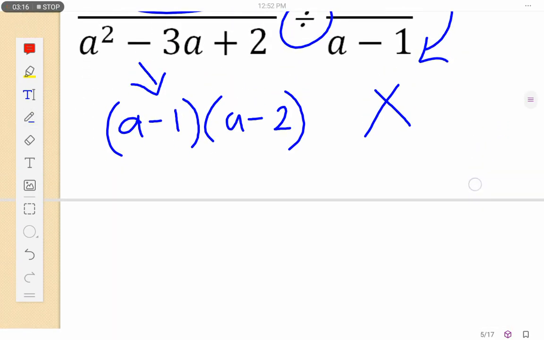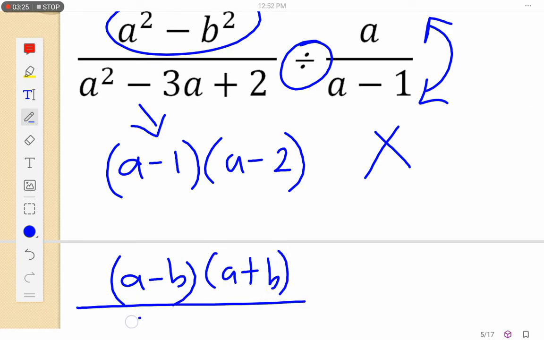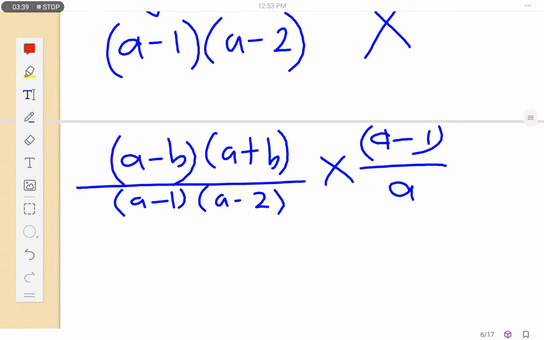So we now have a minus b by a plus b over a minus 1 by a minus 2 times a minus 1 over a. Okay, that's what we now have. Let's see what we can simplify. We can say a here can cancel off with that one. Okay, what else? I don't think there is anything else that we can simplify.